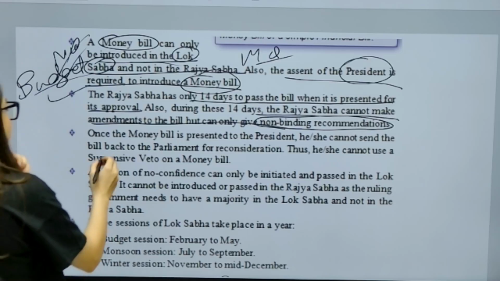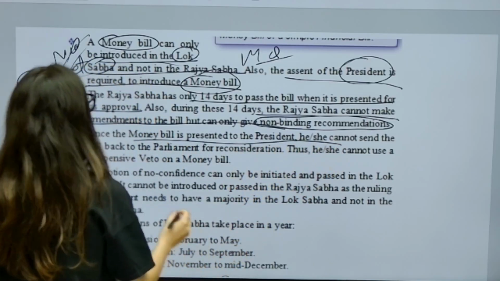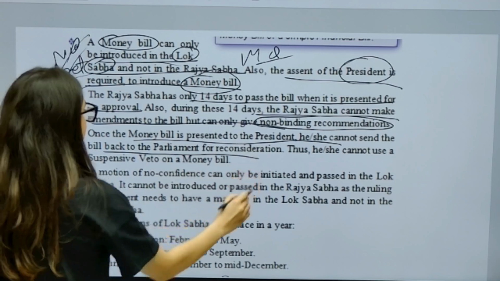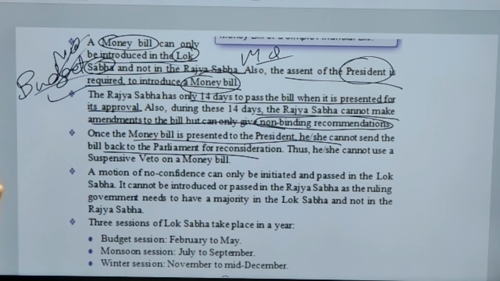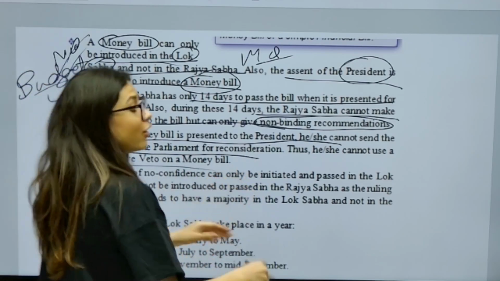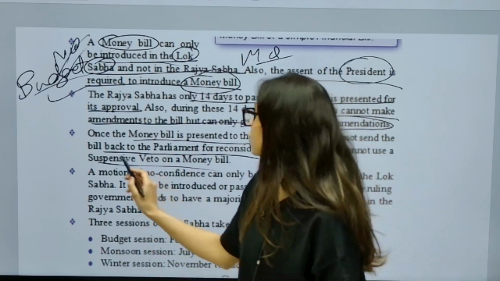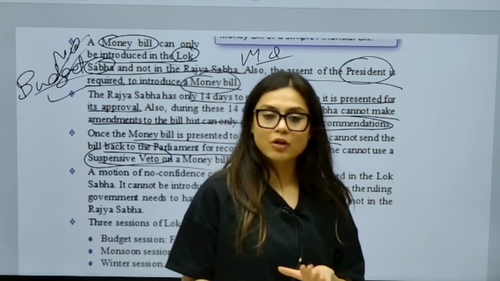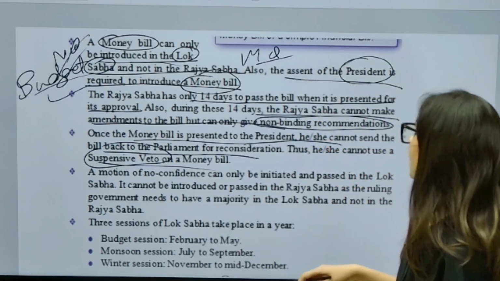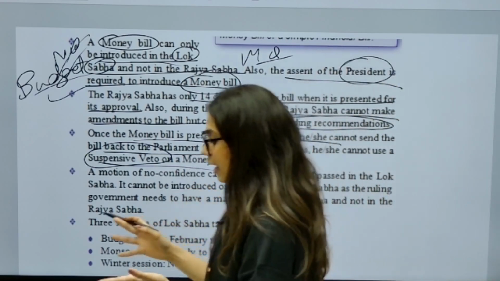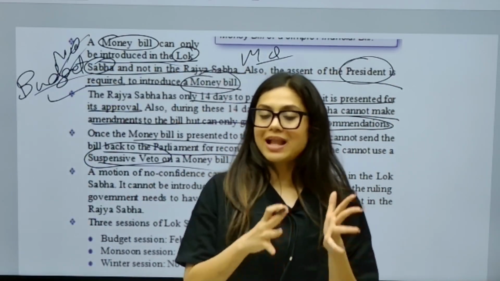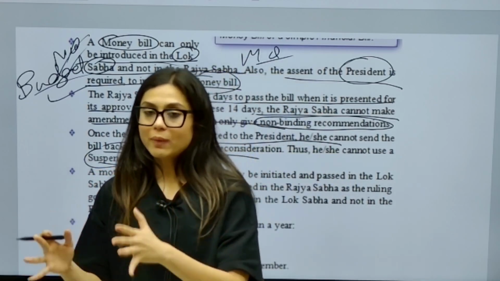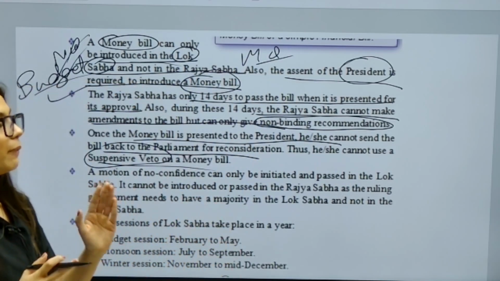So once the money bill is presented to the president, she can send the bill back to the parliament for reconsideration, but she cannot use suspensive veto. She cannot suspend the money bill. Suspensive veto of president cannot suspend the bill at all. So finally, as I discussed in the previous class, every bill has to go to the president for its approval before it becomes a law.